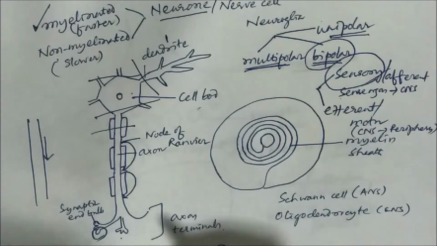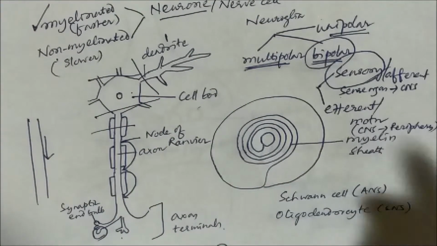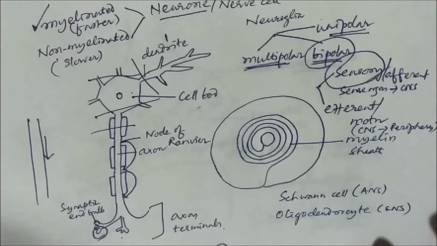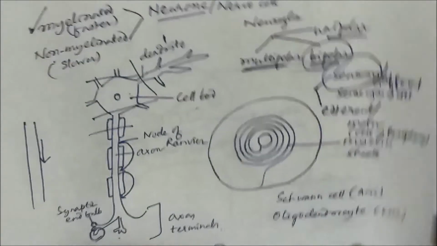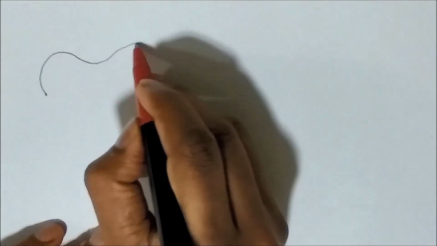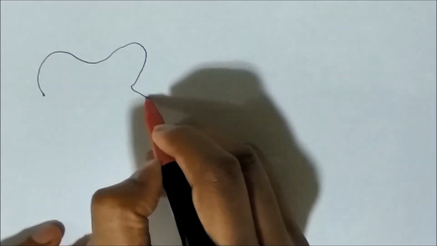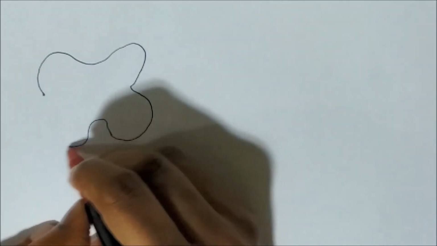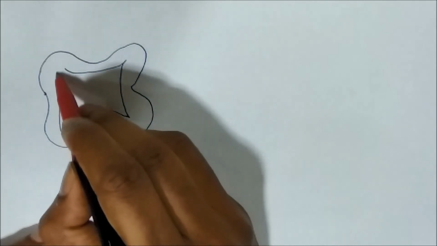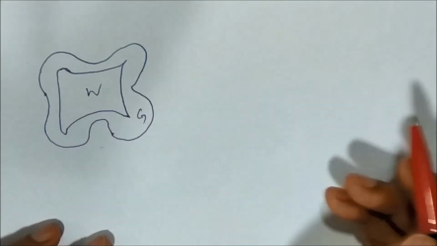And the myelin sheath provides the white color to areas of the brain and spinal cord. If we take a transverse section of the brain, the central part will be white and the peripheral part is grey.